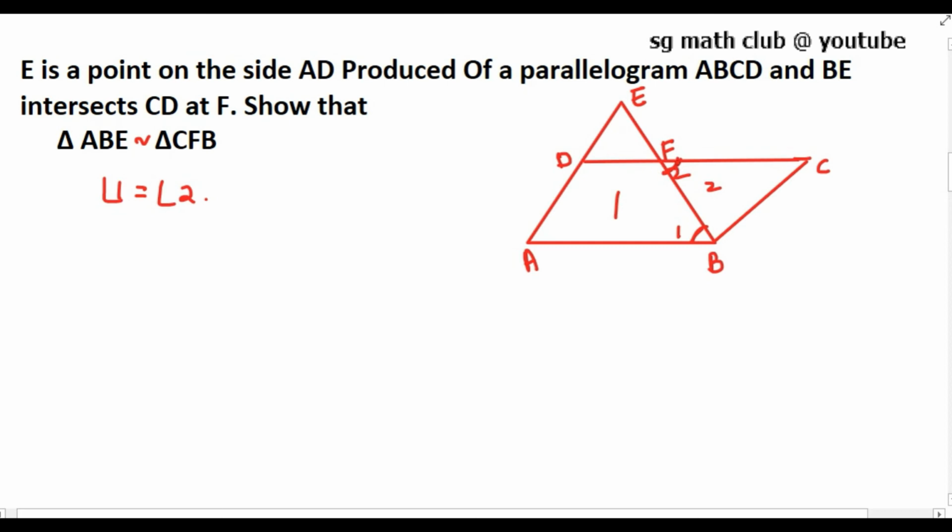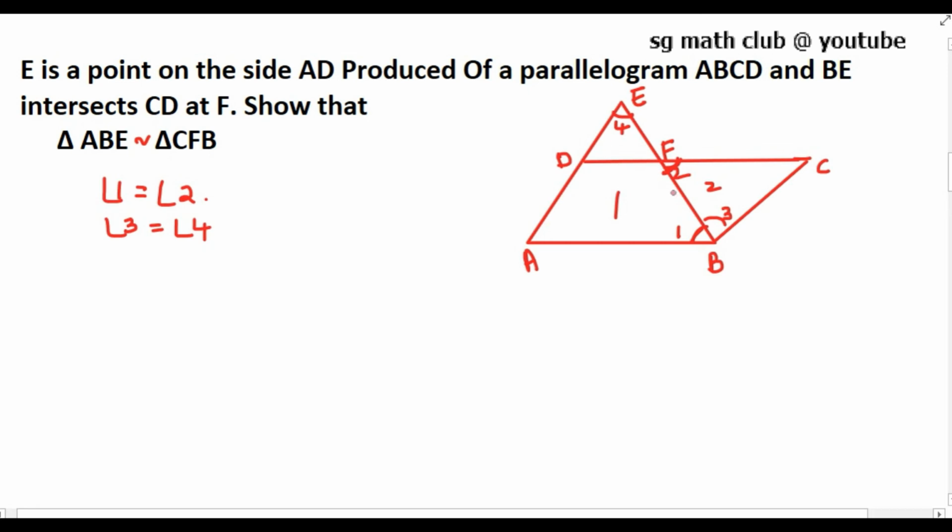So this will be alternate interior angles. In the same way, I can consider this 3 and 4. I can write angle 3 equal to angle 4, because it is also alternate interior angles.